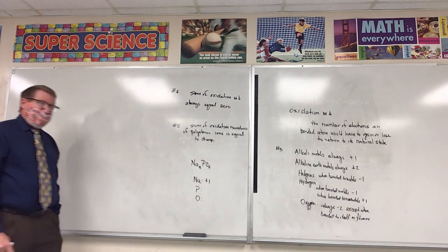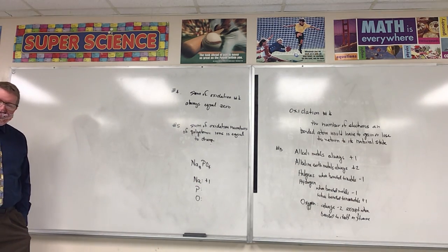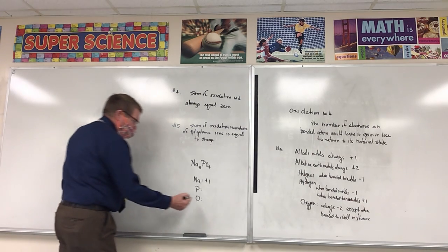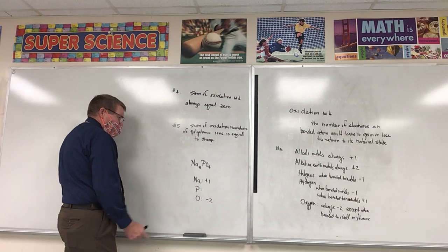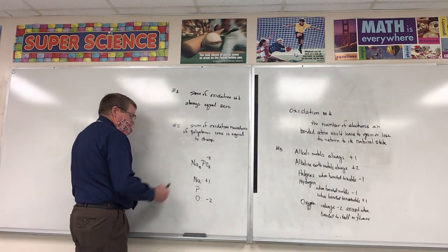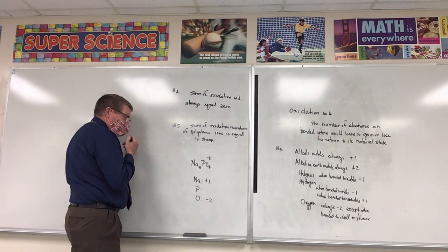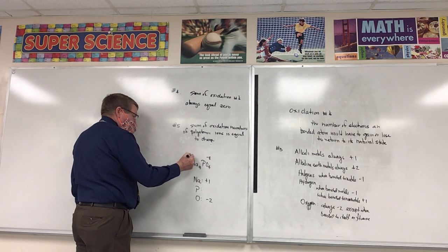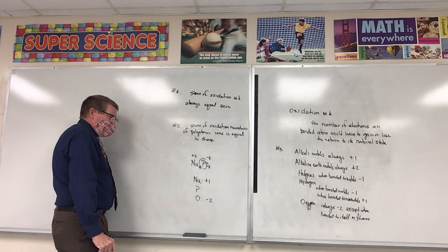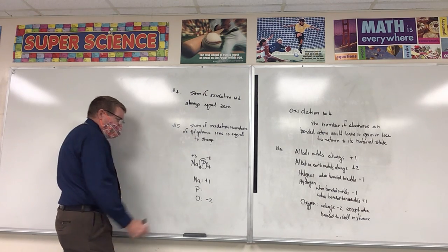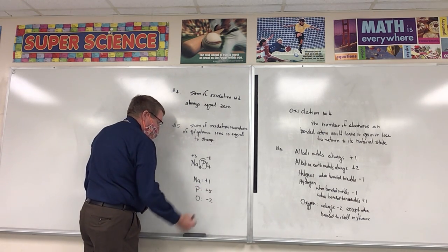Correct. What else do I know for sure? Oxygen is -2. How many oxygen do I have? 4. So there's -8, correct? How many sodium do I have? You got 3. So that's +3. So that means phosphorus must be +5.